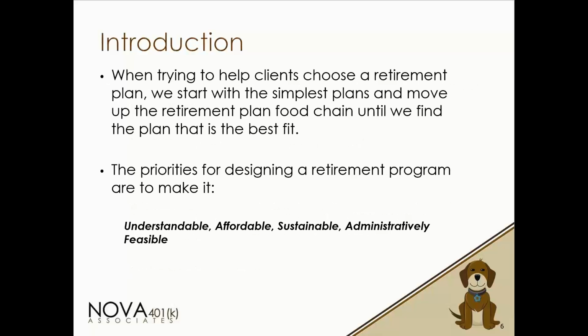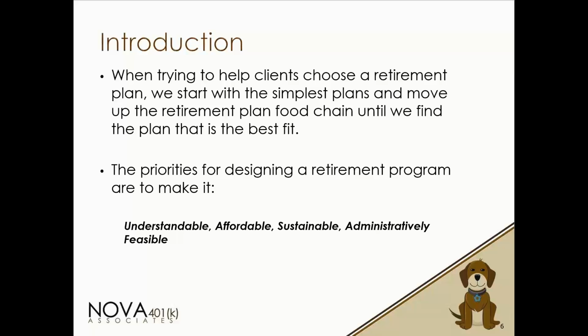So what do we look at when we're designing a retirement program for an organization? Typically we are trying to balance 4 main priorities, and oftentimes these priorities are competing with each other.